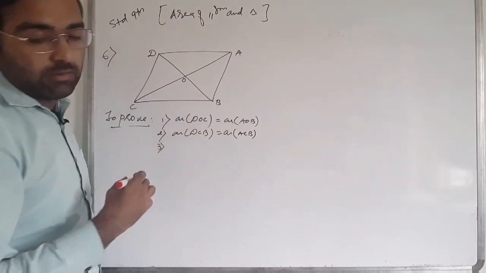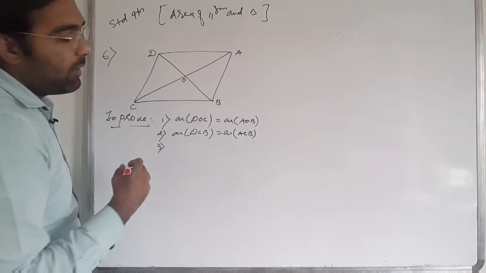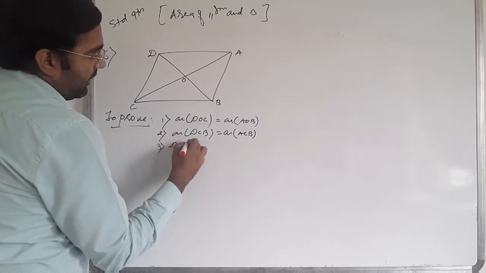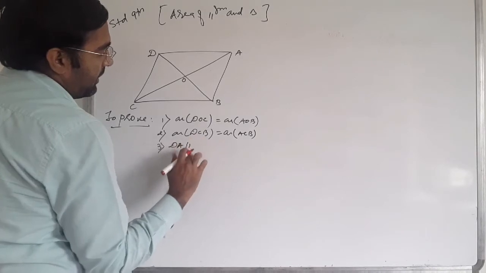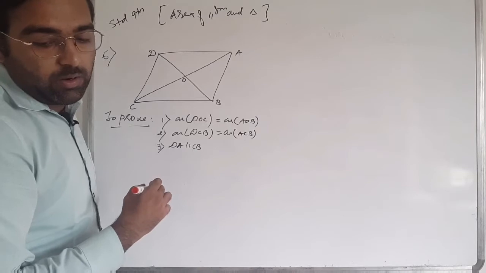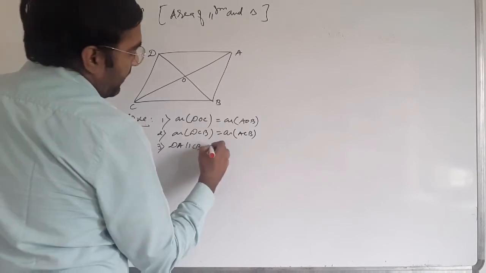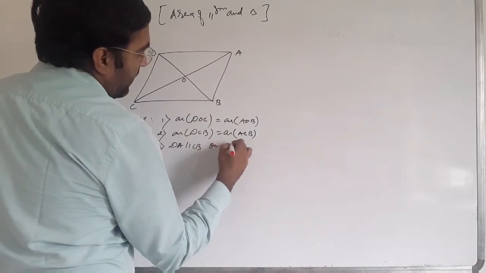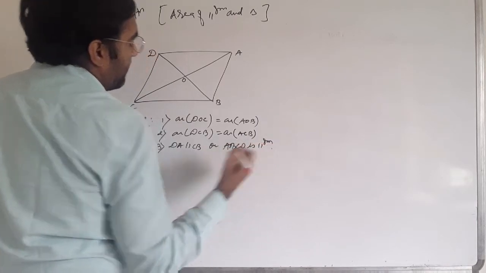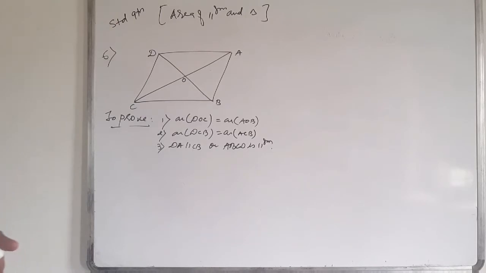Third, we have to prove that DA is parallel to CB, or that ABCD is a parallelogram. Clear?